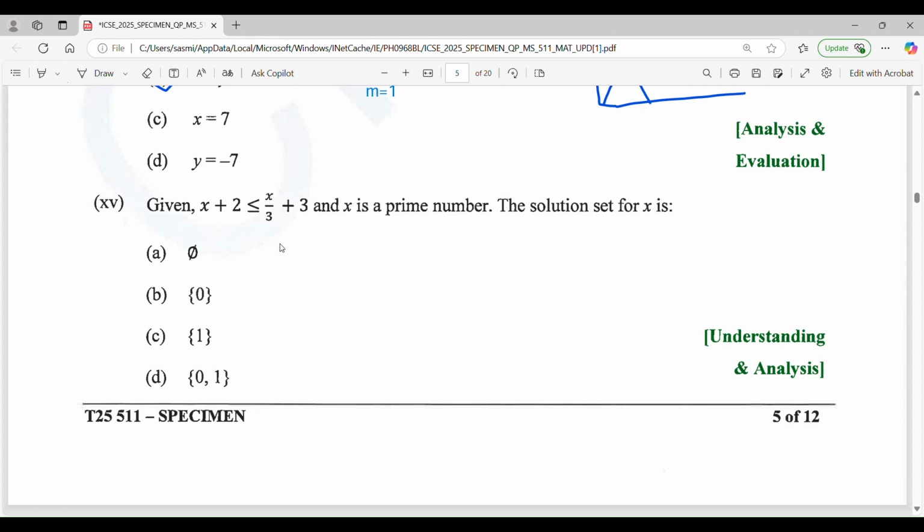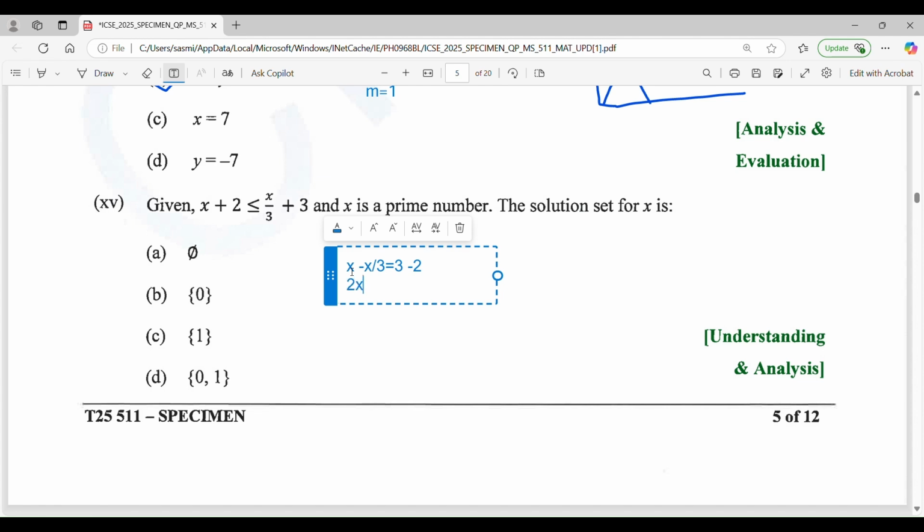Now x minus x by 3 means 3x minus x, which is 2x by 3.